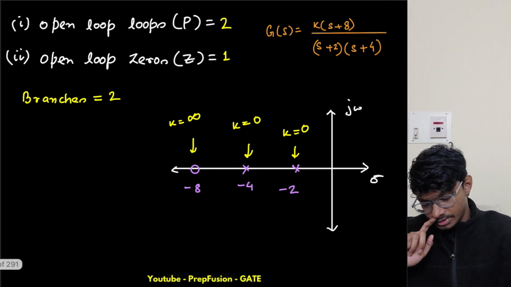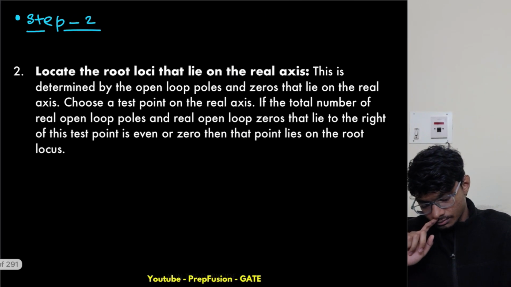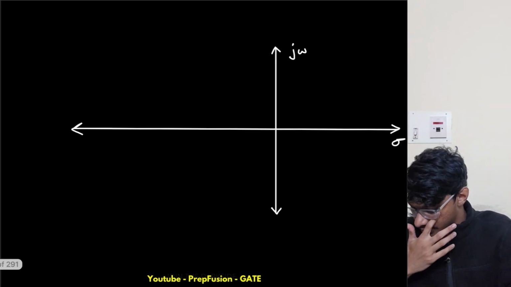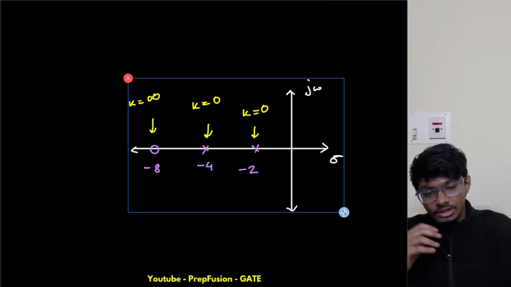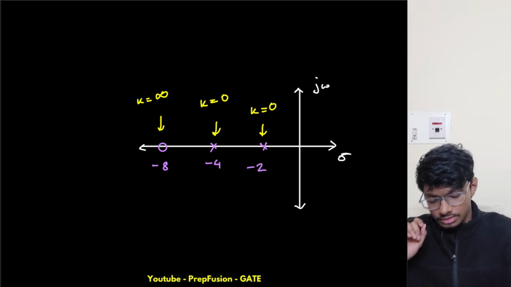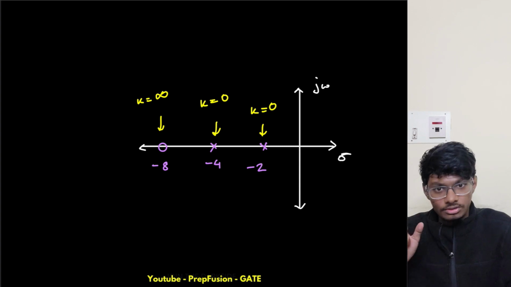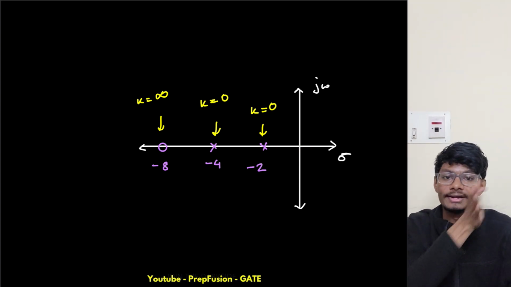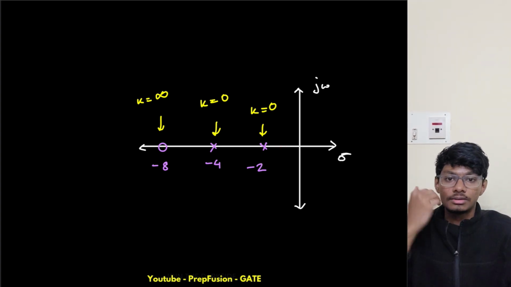Let me take the previous figure, because it is easier for me, as I would have to draw the poles and zeros again. Here, I have to find the even number or zero number of poles and zeros this time. In this location I have no poles and zeros on the right hand side of my test point. If I pick a test point here, on the right hand side of my test point I don't have any poles and zeros.